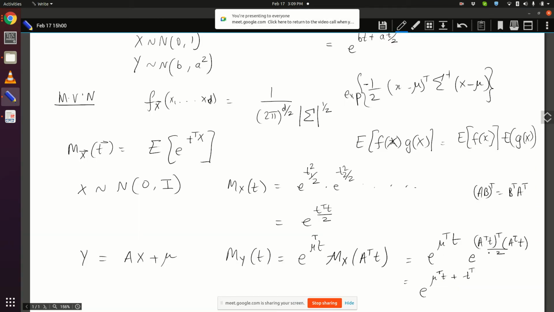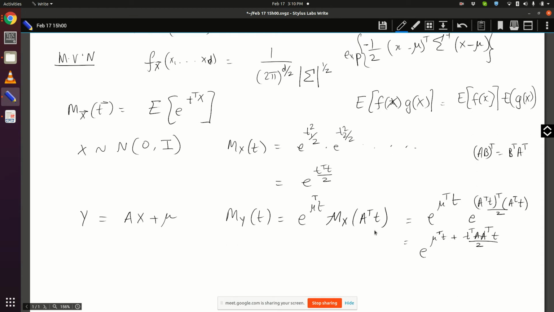So t transpose, A transpose transpose is A, so A transpose t by 2. Okay, so this is what we get. We have seen this in probability class. So what is the distribution of y?